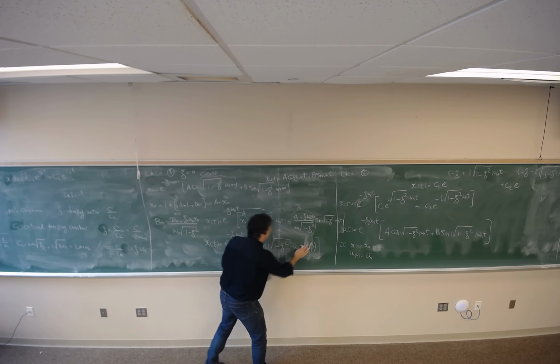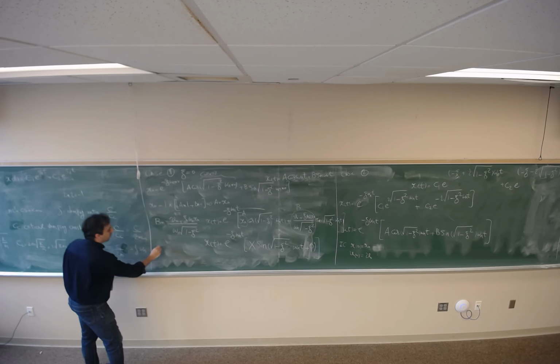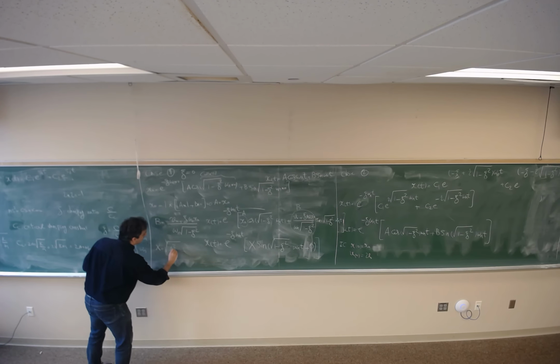And what is the value of phi? X would be square root of A square plus B square.